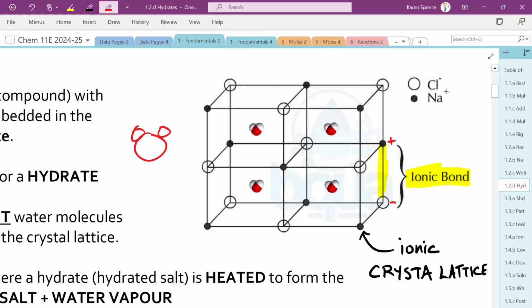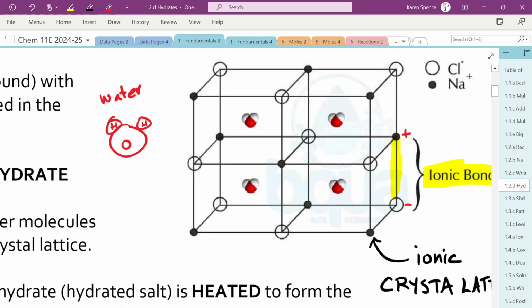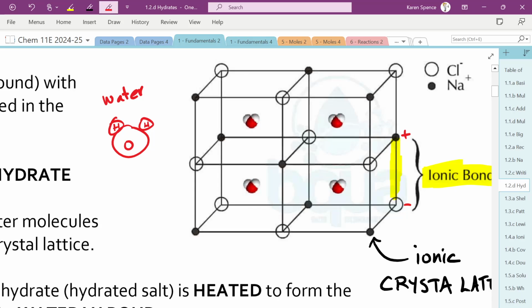Who looks like Mickey Mouse? What atoms put together look like Mickey Mouse? Water. Okay, so we have a hydrogen, and we have an oxygen. So this is a water molecule, and there are little water molecules embedded in the crystal lattice.